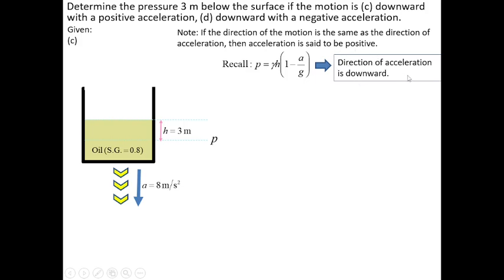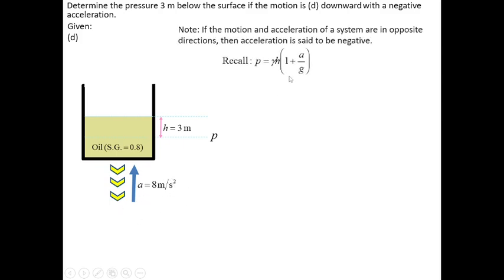So, dahil downward siya, yung acceleration, minus. Okay? Pag upward yung acceleration, yung gitnang sign nito, plus. Pag downward siya, minus. No? So, P, 0.8, okay, yan pa rin, 4.344. Ang makukuha natin, kilopascal.